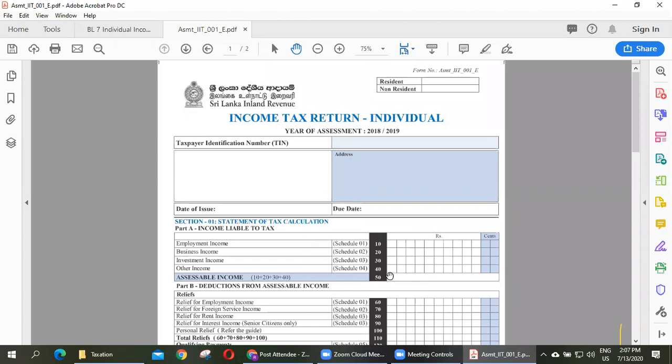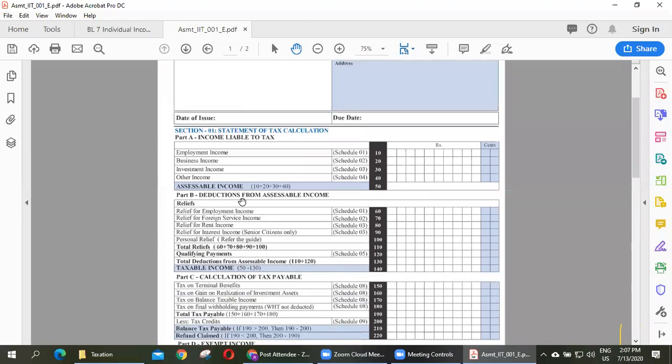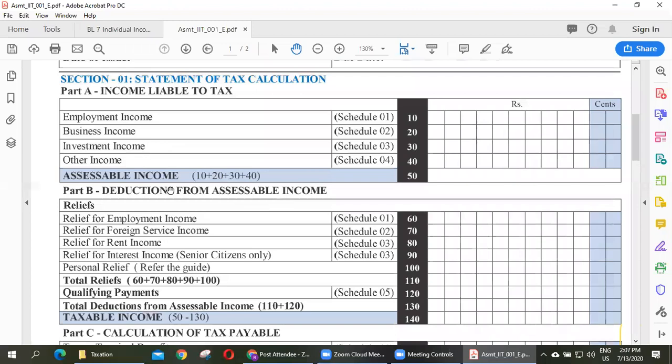This is the form distributed by the Department of Inland Revenue to the taxpayer, and they fill this form. There are sections, statement of tax calculation. There are different sources of income: employment income, business income, investment income, and other income. These four headings are called sources of income.